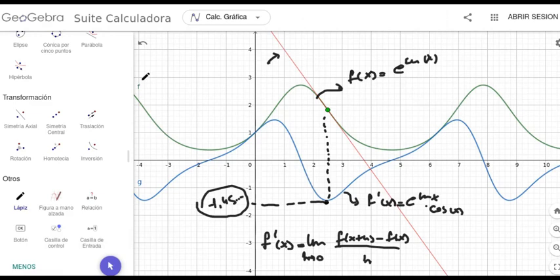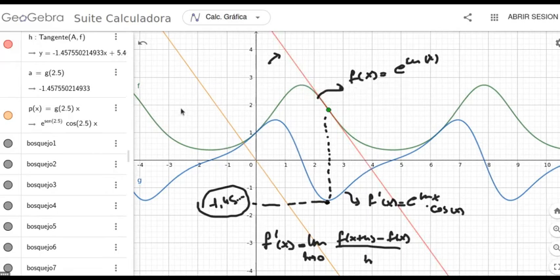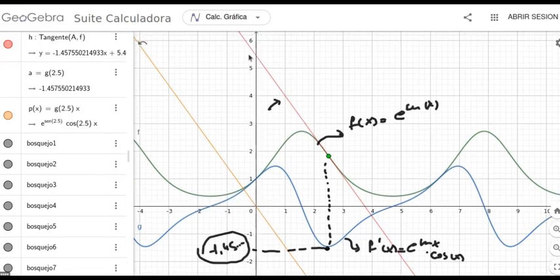Well, we can try to plot a linear function with slope equal to this derivative, minus 1.45, etc. When we plot this, this linear function goes through the origin, because it doesn't have any independent term. For this line to be equal to the red line, we have to add this number, 5 point something.